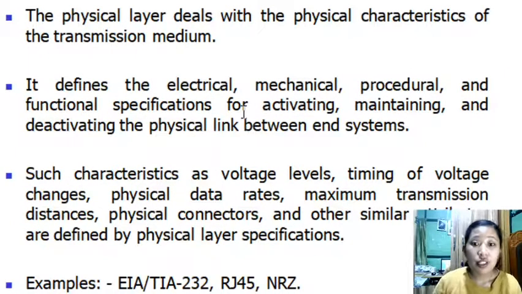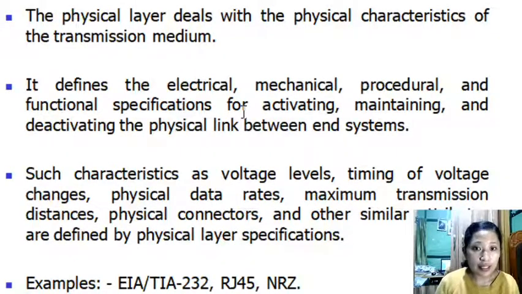This physical layer deals with the physical characteristics of the network, and what type of signals need to be communicated, what different types of ports can be used, what different types of transmission media can be supported by the computer as well as the network, what the data rate should be, what the maximum transmission distance should be, and many other attributes.